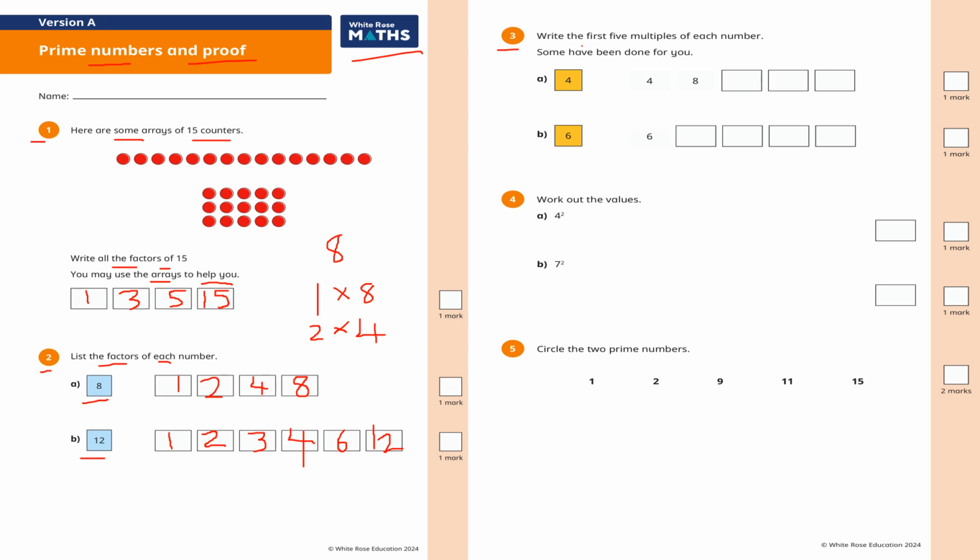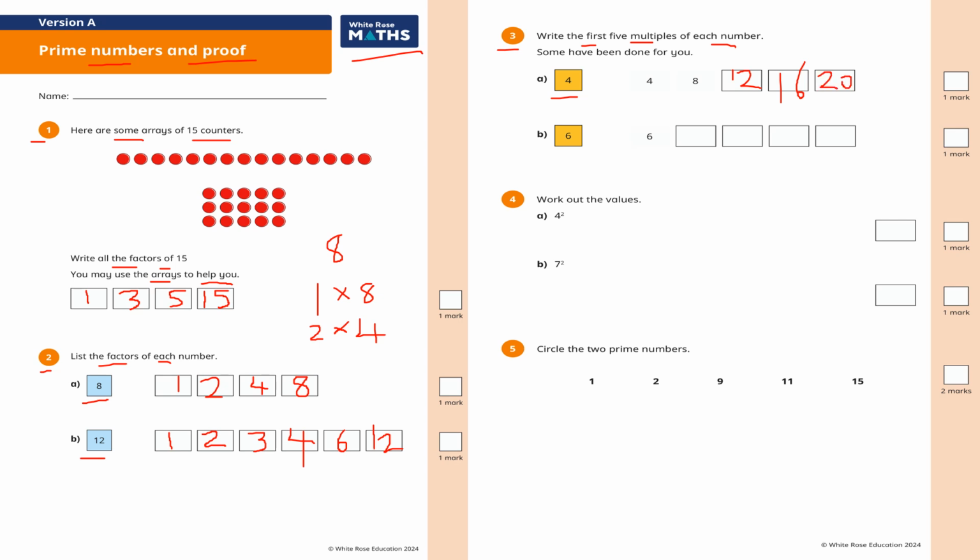Question number 3, write the first 5 multiples of each number. So the word multiples in maths just means the times table of that number. So the times table of 4 will be 4, 8, 12, 16, and 20. The 4 times table.